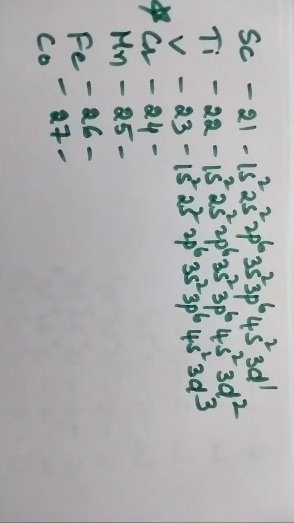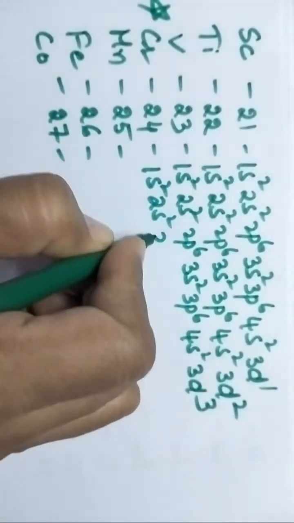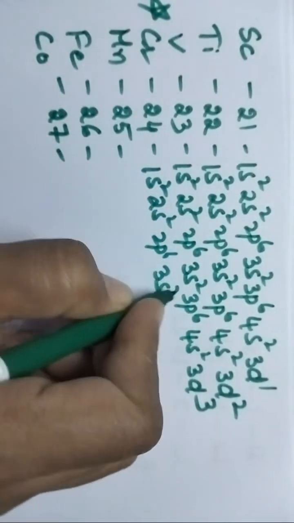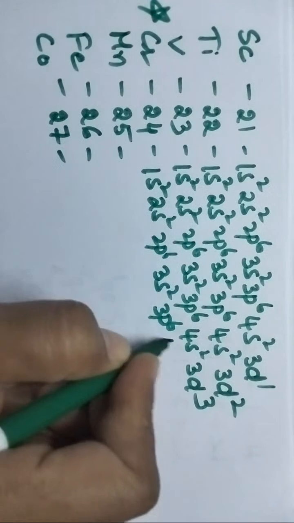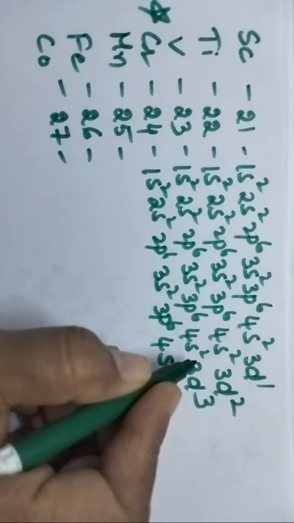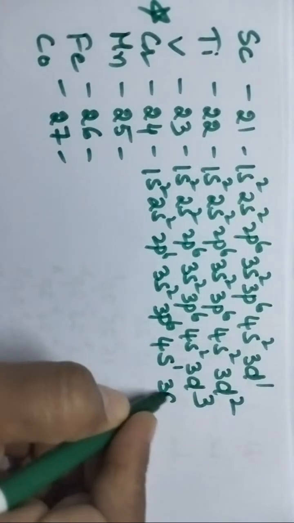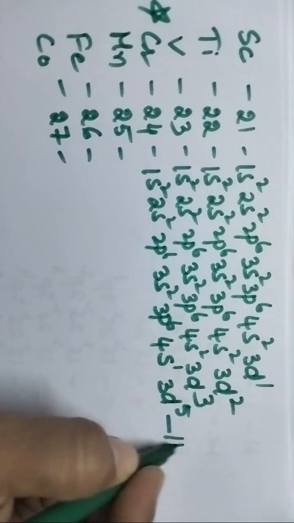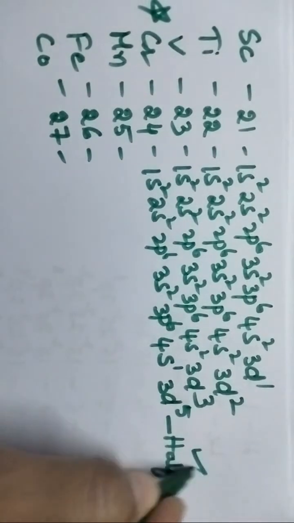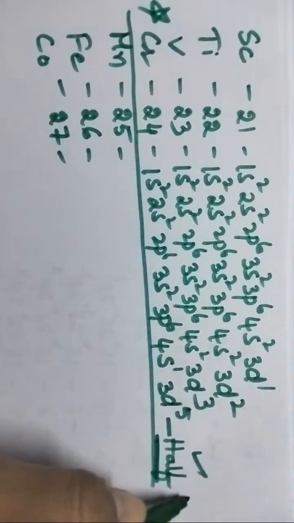And coming to the chromium, you should be very careful. 1s2, 2s2, 2p6, 3s2, 3p6 and it is not 4s2 but it is 4s1. So if one electron jumps from 4s orbital to the 3d orbital, it gets a half-filled configuration and gains extra stability. So in that way, chromium shows anomalous behavior to account for the stability.